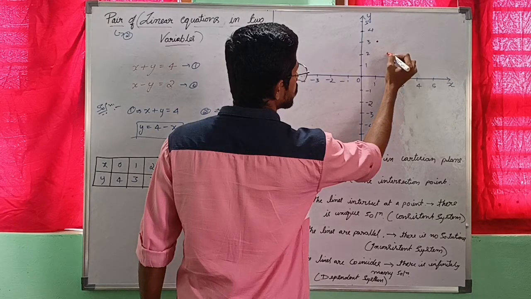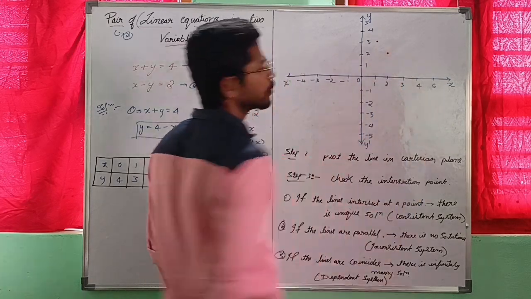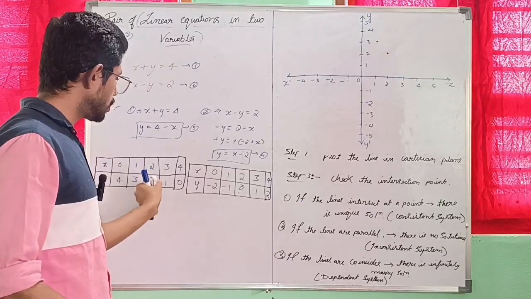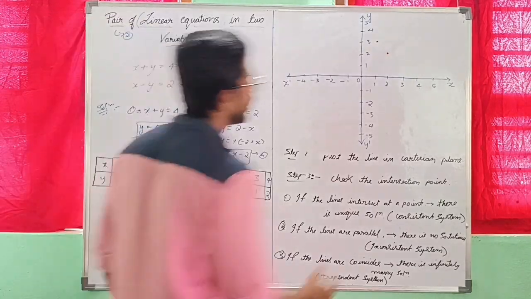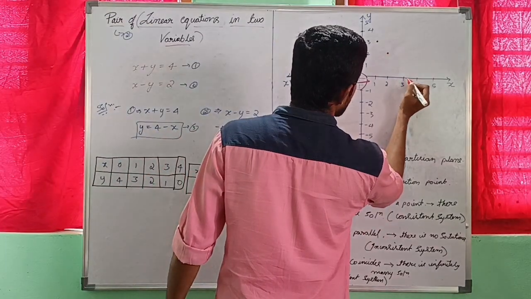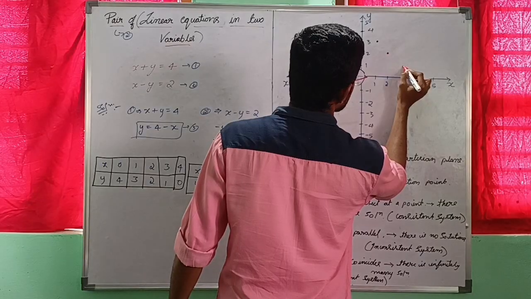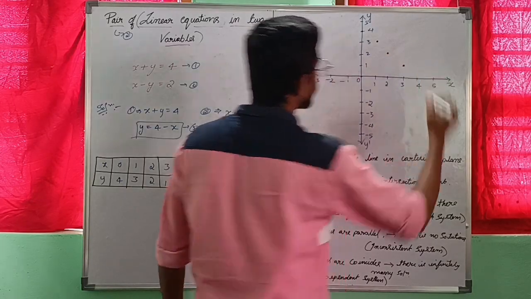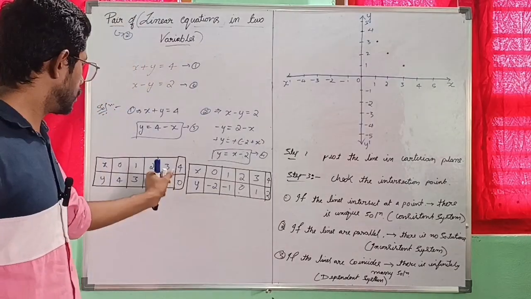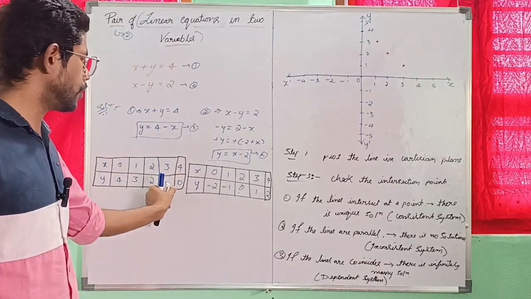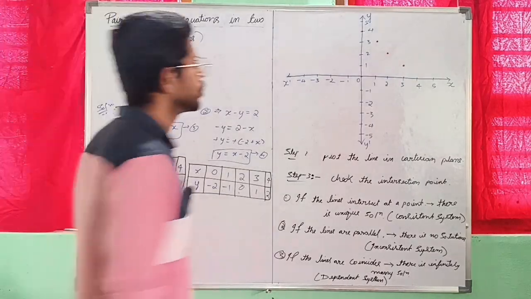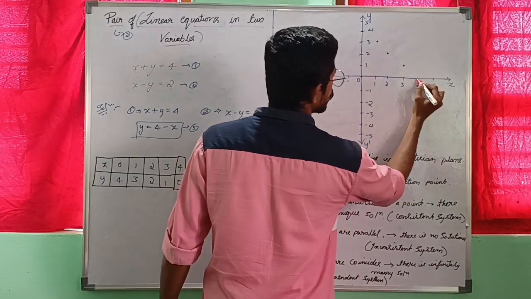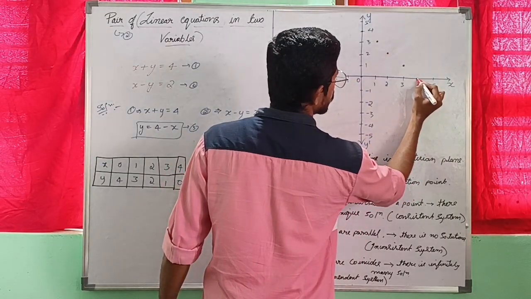The point will come here. Next, when x is 3, y is 1. And when x is 4, y is 0. That means the point will come here.